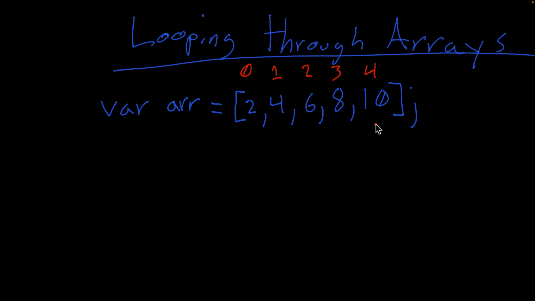So let's create a for loop as we usually do. So for, and then we say var i for index equals 0.